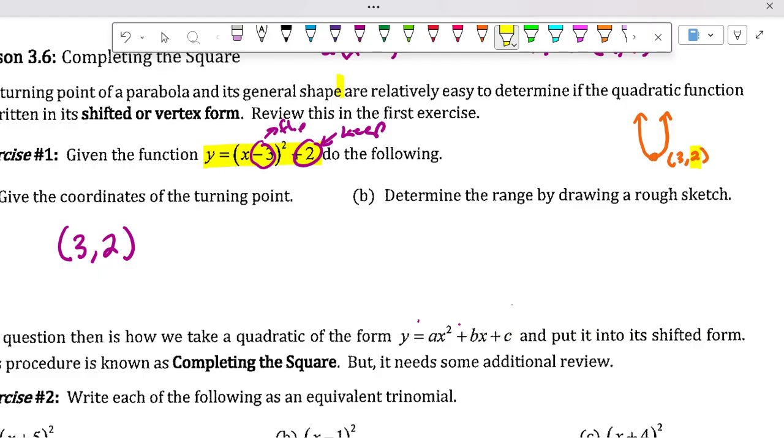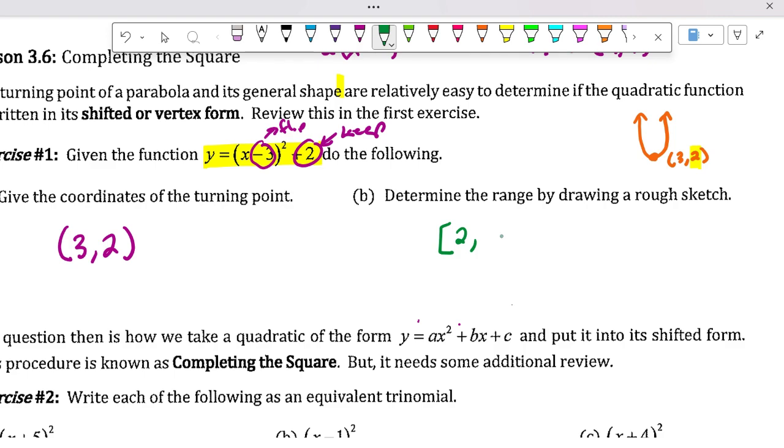It's the lowest. So if I wrote this in interval notation, would it come first or second? Remember, interval notation is from least to greatest, so does it come first or second? First. And we use a bracket.